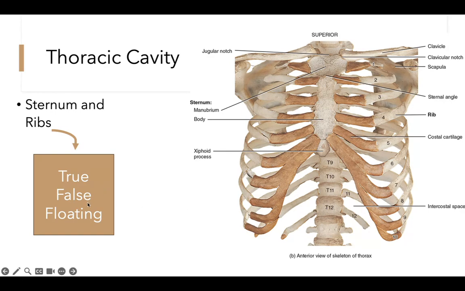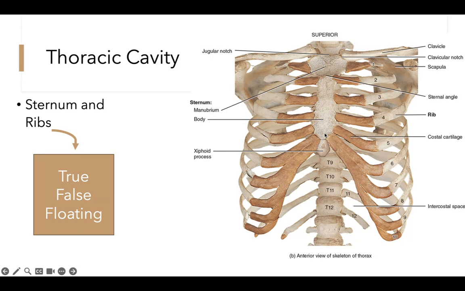To be false, you have an indirect connection to the sternum via costal cartilage. So 8, 9, and 10 are considered false in the average adult human. They have costal cartilage, but they all piggyback on each other, connect to 7, and then connect to the sternum.